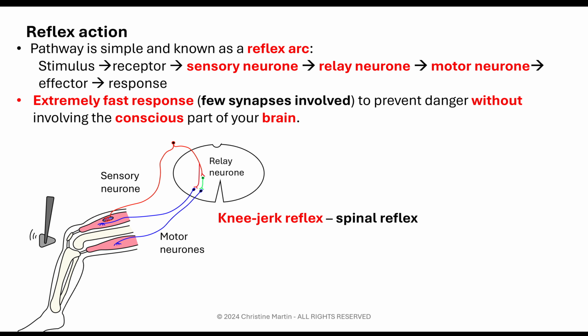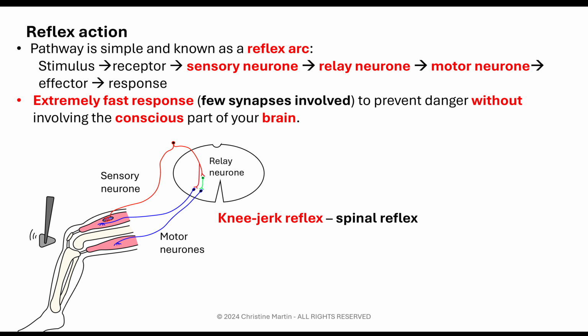So a prime example would be your knee-jerk reflex. This is what's known as a spinal reflex, where if you go to the doctors and they hit just under your patella, your kneecap, what will happen is that will be detected by a receptor that will then be passed on to the sensory neuron. That information, the electrical impulse, will be passed to the relay neuron.